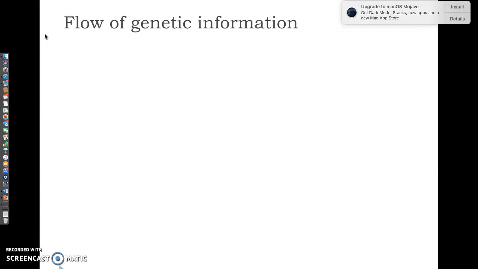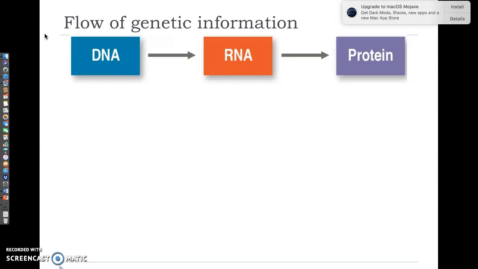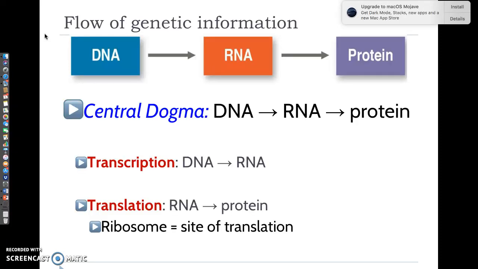So the flow of genetic information and the theme of this entire chapter is that DNA indirectly makes RNA, which indirectly makes protein. What this is known as is the central dogma of biology. DNA codes for RNA, which codes for protein.